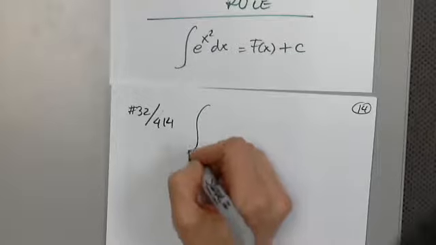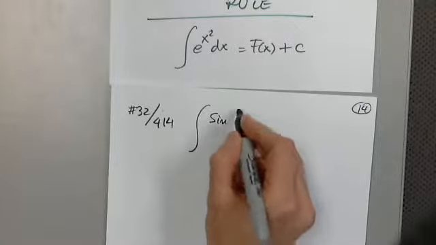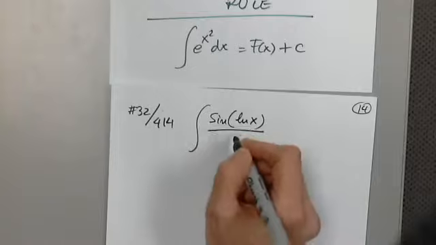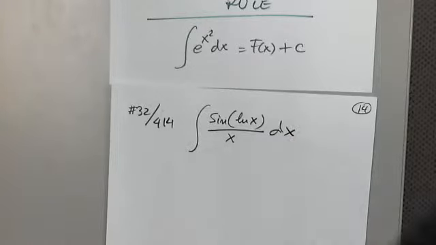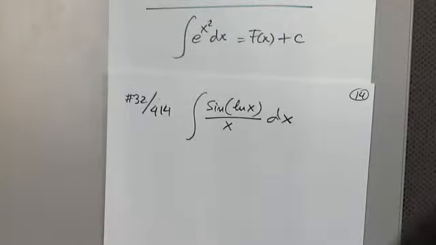So here's the integral of sine of natural log x divided by x dx. This is not the most scientific way of looking at the function and coming up with a substitution, but it's the basic way that I think will help you in the long run.